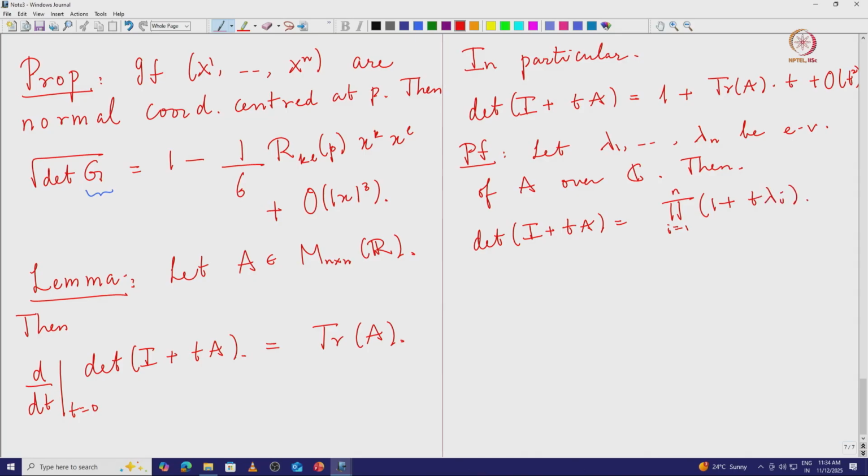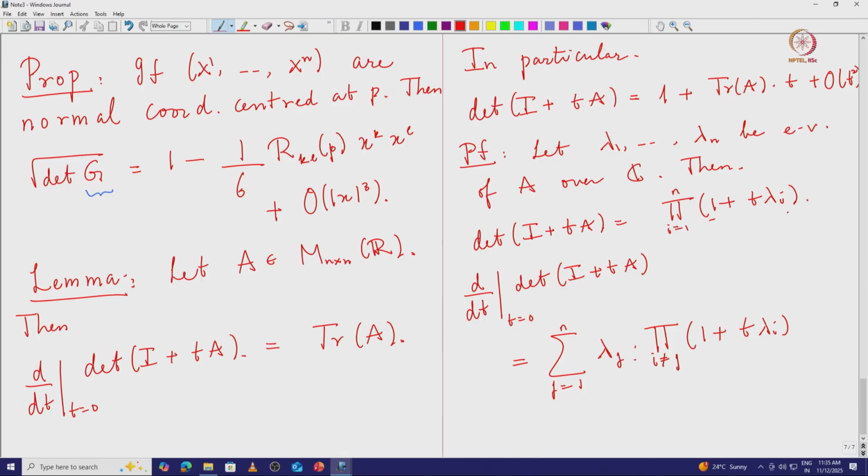So then if you want to differentiate, by the product rule this will be the summation over j going from 1 to n of lambda j. So you basically differentiate the jth factor multiplied by the product of all the other factors, i not equal to j, and you plug in t equals 0.